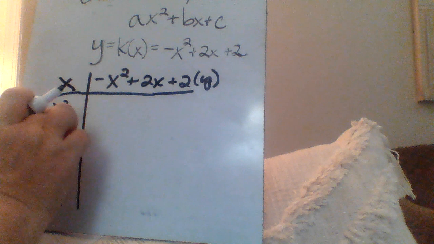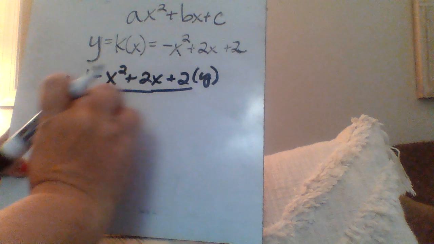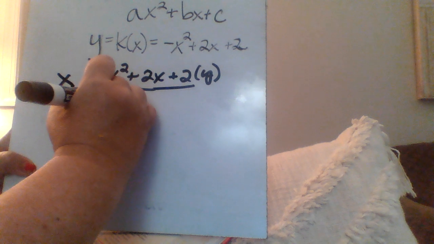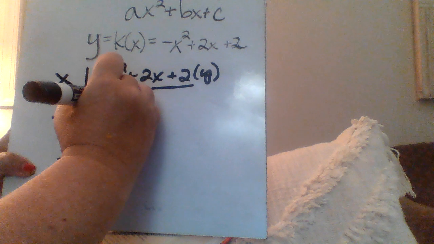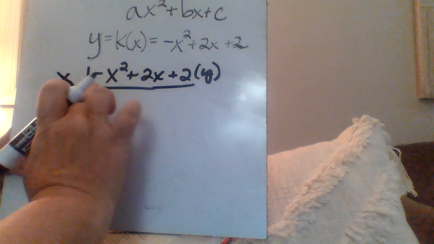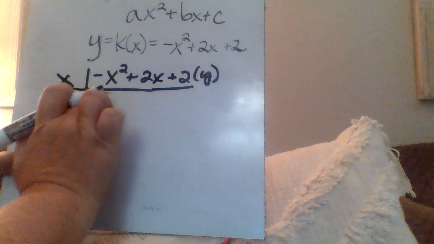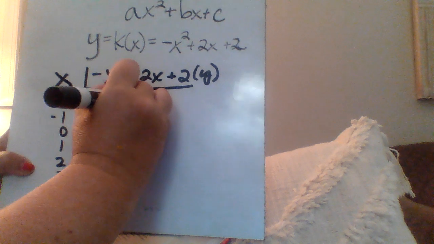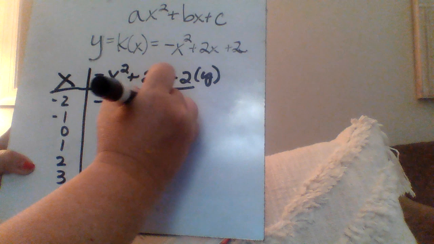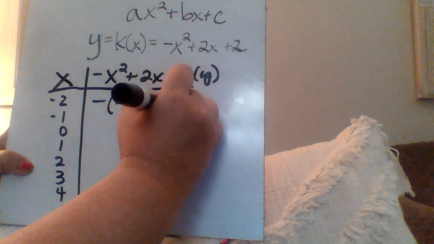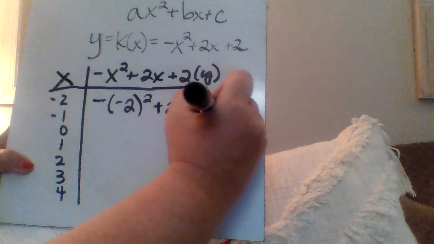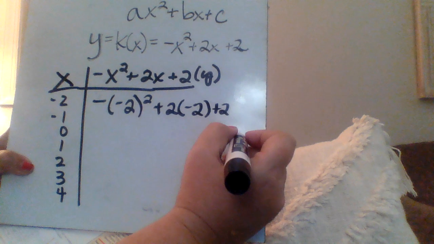We're going to then input our x into the equation to figure out our y. For the first one, it's minus a -2 squared, because we're putting in a -2 for our x, plus 2 times -2, plus 2.